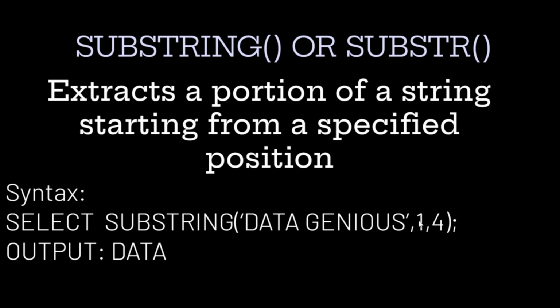I will extract from first position till fourth position. In a string, the indexing starts from 1, so the first position is D. It will start from D till the fourth, that is A. So the output will be data.